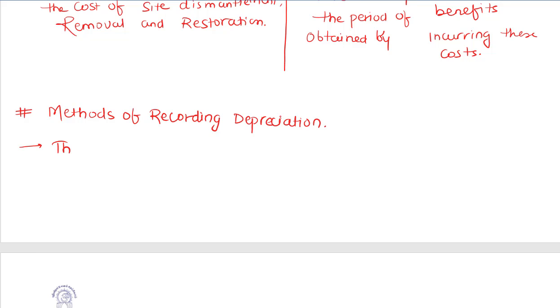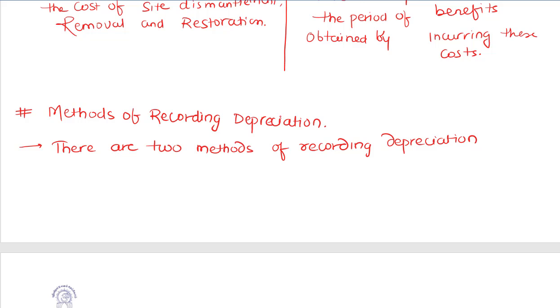Please write, there are two methods of recording depreciation as follows.